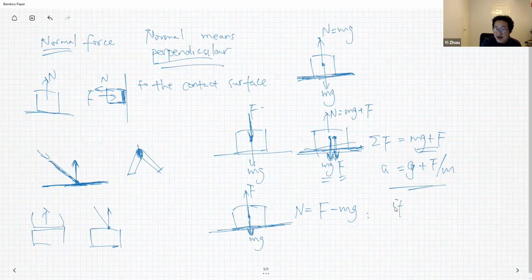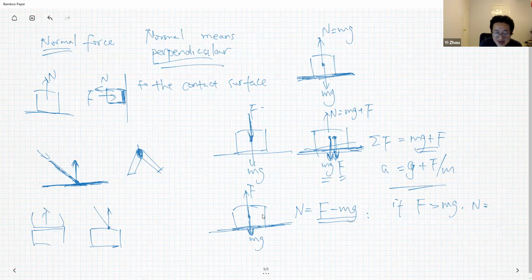If F is greater than mg, if you use this F minus mg, the normal force will be positive. Is that right? So what direction should it be? It should be negative, but I think the equation's wrong.